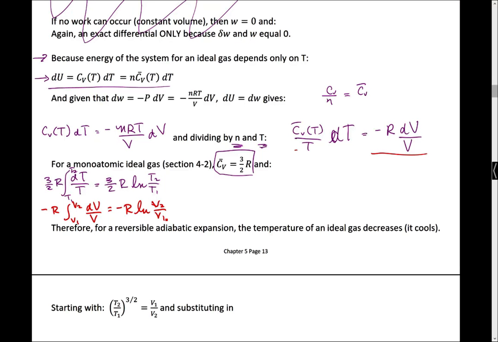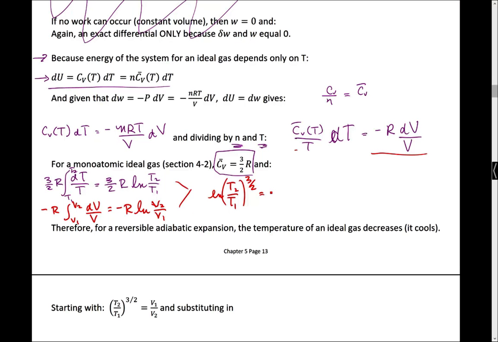All right, so that's integrating this side, and because these are equal to each other, I set those equal to each other. I notice I've got R on both sides, so I can divide through by R. That's going to give me the natural log of T2 over T1. Now, if I don't want 3/2 outside, how do I bring it inside the natural log function? I raise it to the 3/2 power, right?